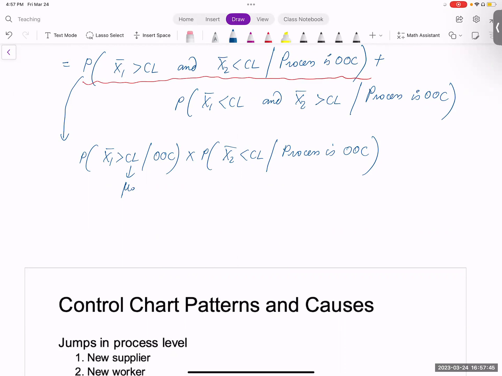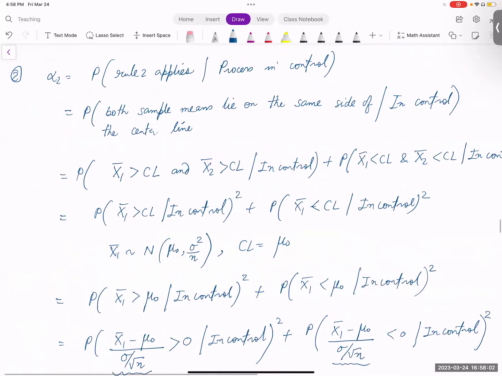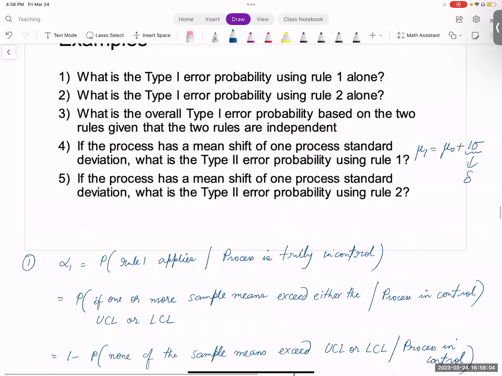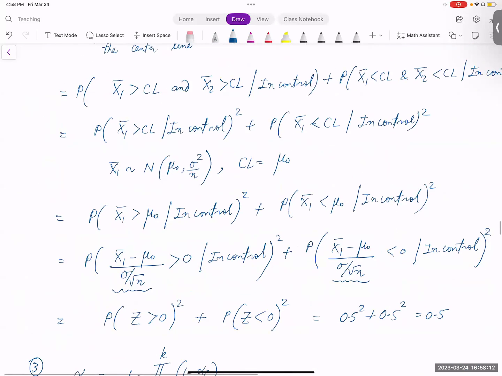So if the process is out of control, it means that x1 bar, the distribution has changed to mu1 as opposed to mu zero. Standard deviation remains same, sigma square over n. So if I go back to question number 4 and 5, you see that it says there is a shift in the process mean of 1 standard deviation, and that mu1 is equal to mu 0 plus 1 sigma.